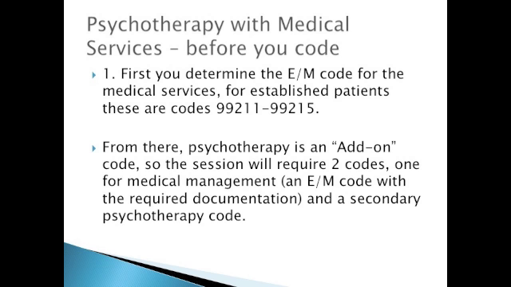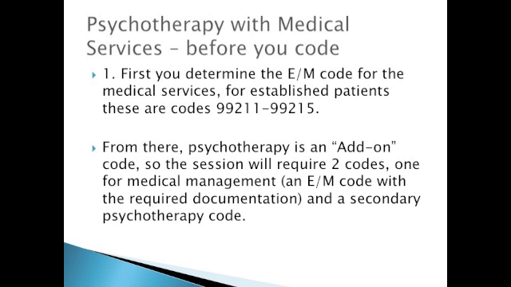So for psychotherapy with medical services, before you code the psychotherapy, the first thing you're going to do is determine the E&M code for the medical service. And for established patients, these codes are 99211 through 99215, and we talked about them in detail in part 3, so if you missed that, go back to part 3.